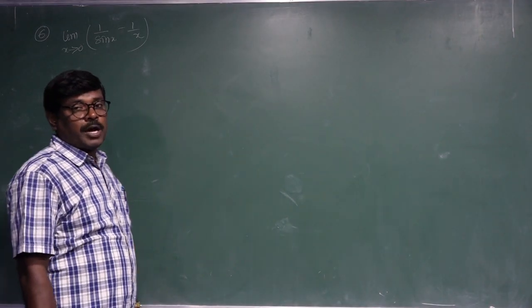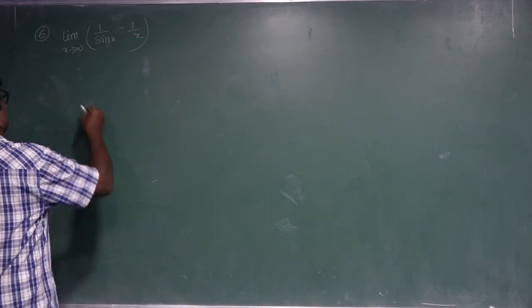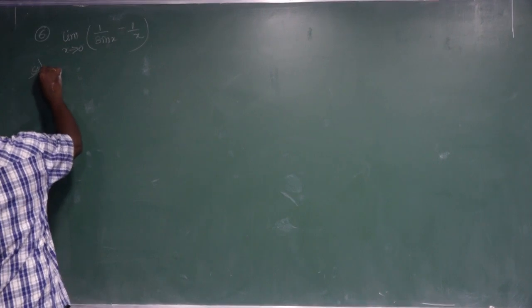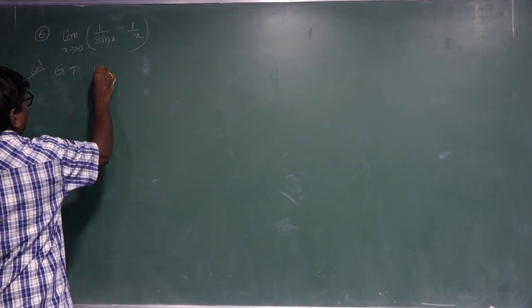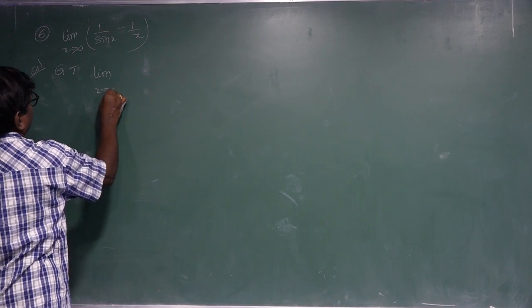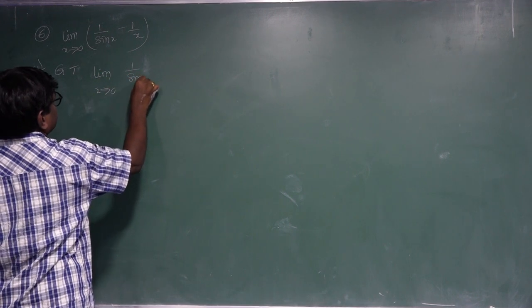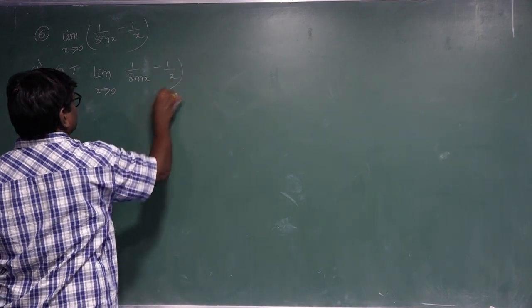Students, sixth problem in solution: given that limit x tends to 0 of 1 by sin x minus 1 by x.